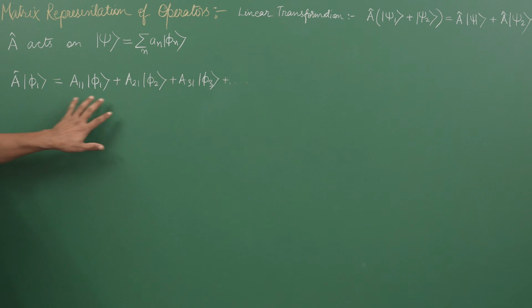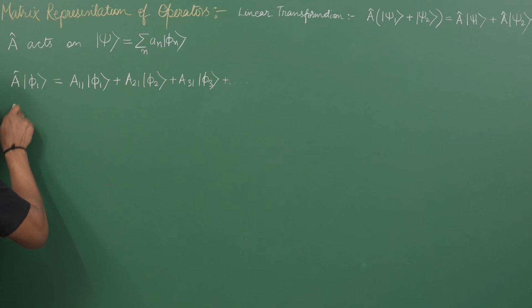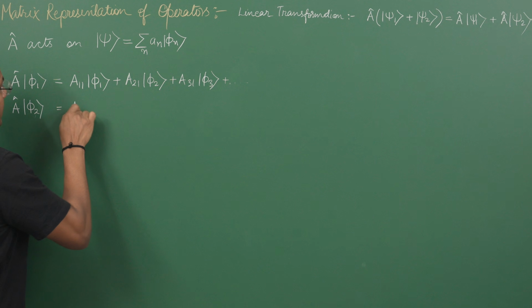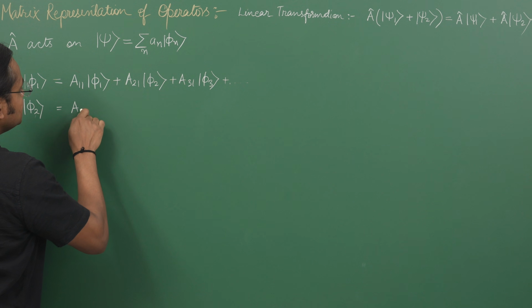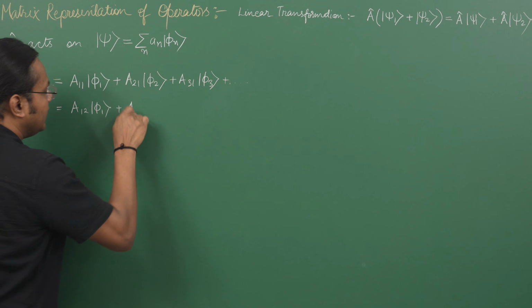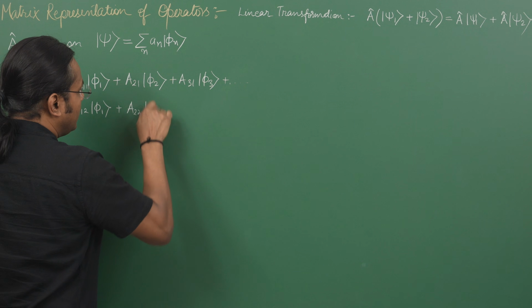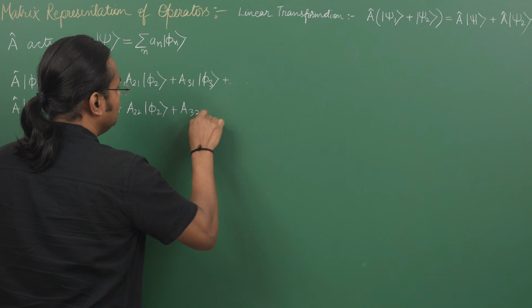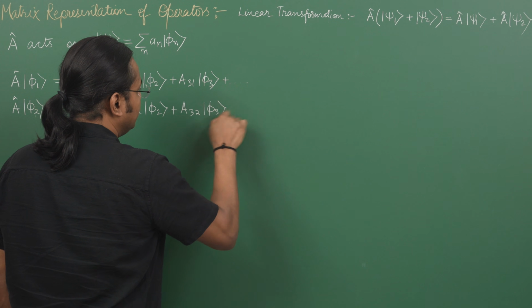So because of this reason, the action of A hat on phi 1 can be written in this manner, and similarly the action of A hat on phi 2 can be written as A12 phi 1 plus A22 phi 2 plus A32 phi 3 and on and on.